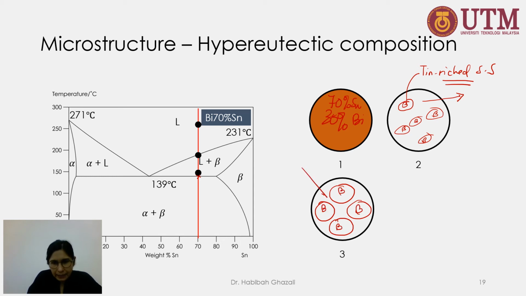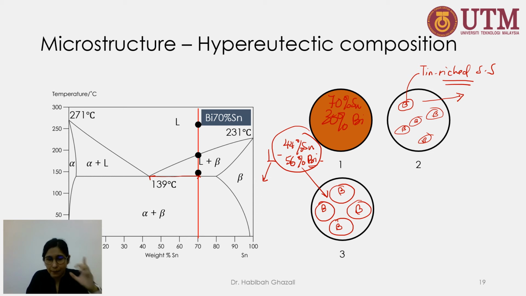And the remaining liquid at that point, if we draw the tie line, consists of 44% tin and 56% bismuth. So at that point, the liquid now has a composition of what we call eutectic composition.